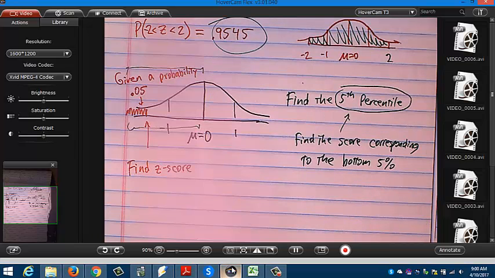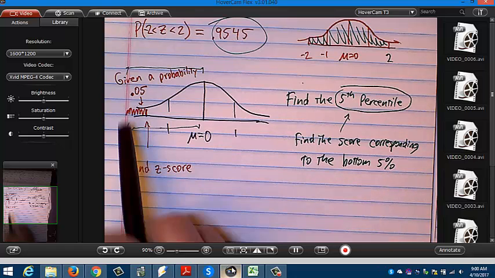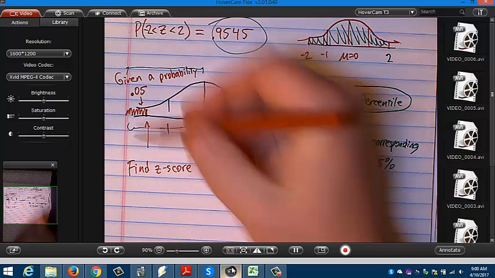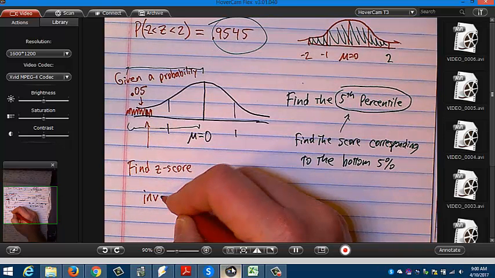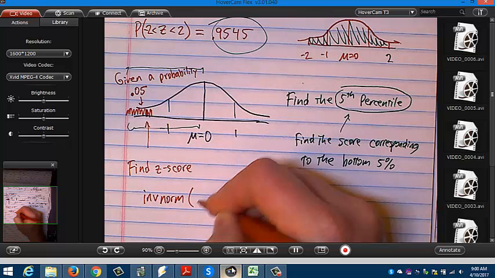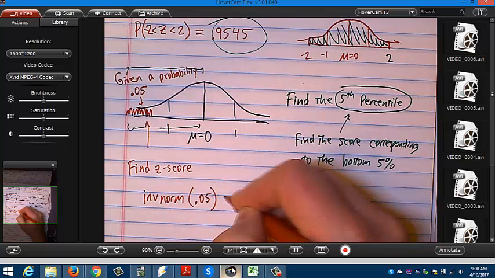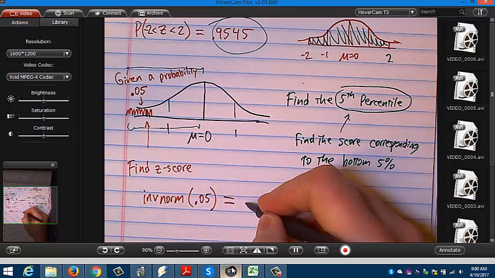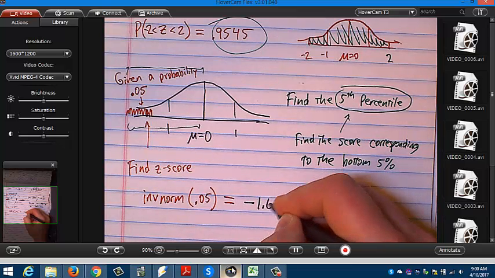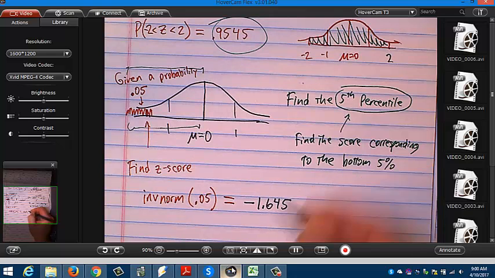So the z-score that corresponds to 5% of the area, the way I do it again is I type in inverse norm of 0.05, and the answer is negative 1.645. That's how you go backwards.